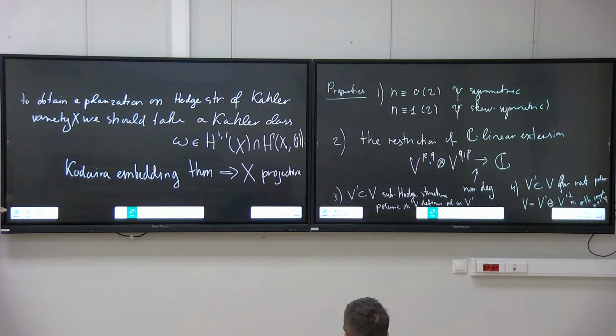Then we will mention that in this bijection, polarized Hodge structures are in bijection with abelian varieties, that is, complex tori that are projective, that are algebraic. We will state Torelli theorem for curves.